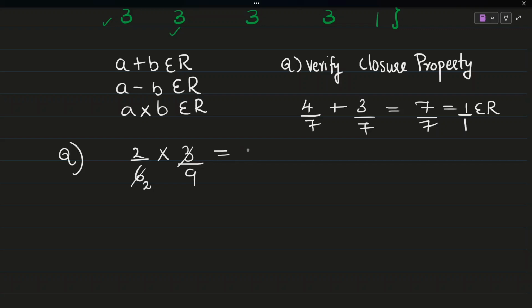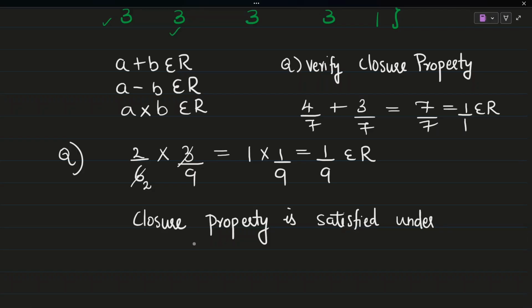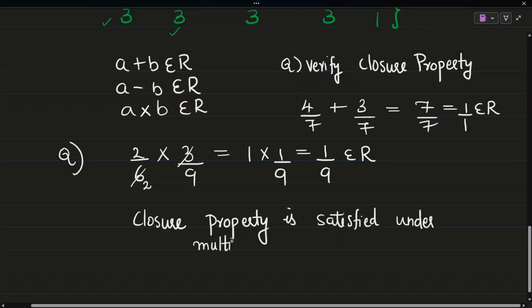So 2 by 2 will be 1 times 1 by 9, otherwise 1 by 9. So 1 by 9 also belongs to the rational numbers. So we can say the closure property is satisfied under multiplication.